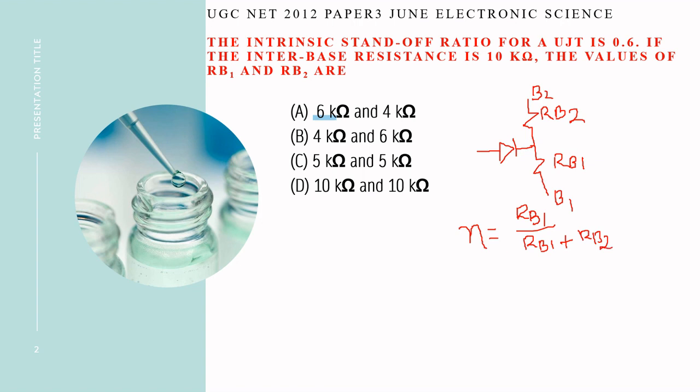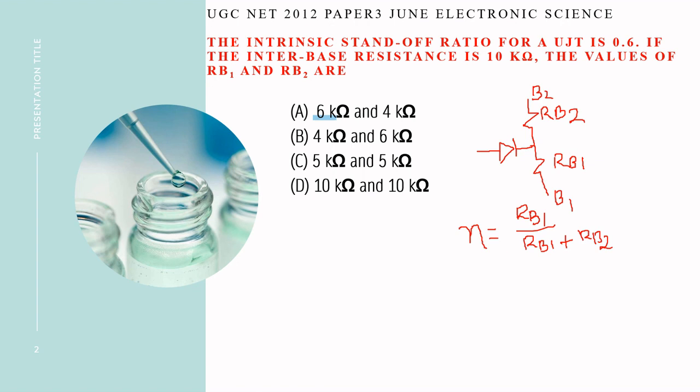And this RB1 plus RB2 is the inter-base resistance RBB, that is 10 kilo ohm. This value is given in the question paper, and the intrinsic standoff ratio value, 0.6, is also given in the question. So how do we solve this question?